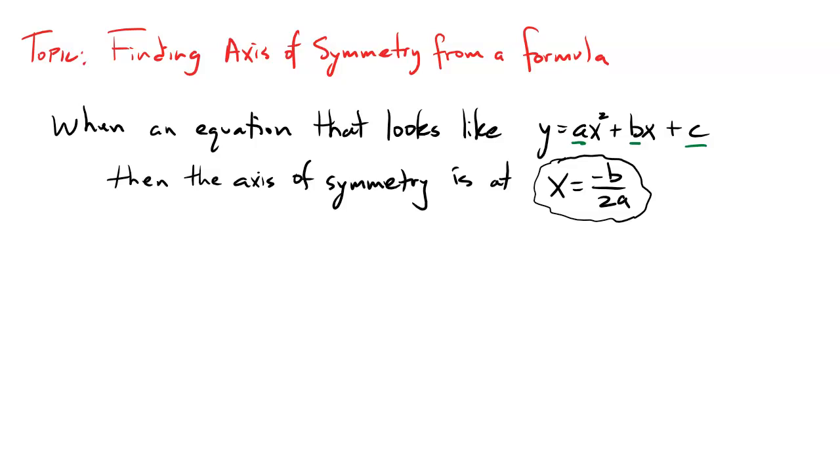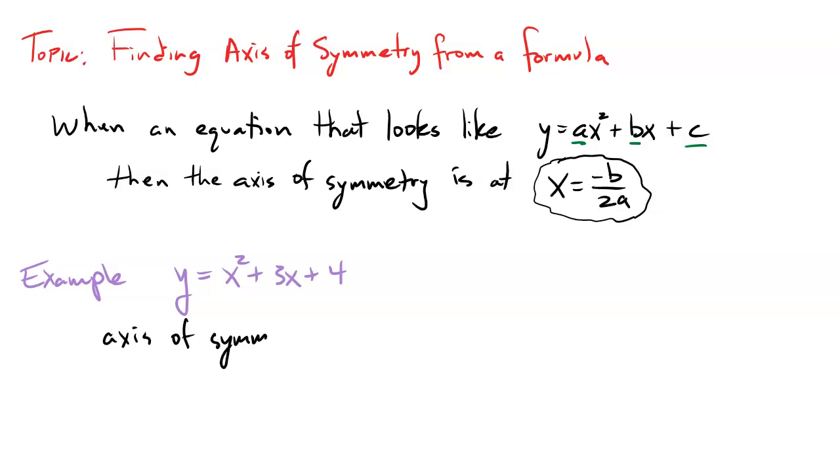Okay, so let's do an example. Let's say we have y equals x squared plus 3x plus 4. The axis of symmetry is going to be at x equals negative b over 2a.